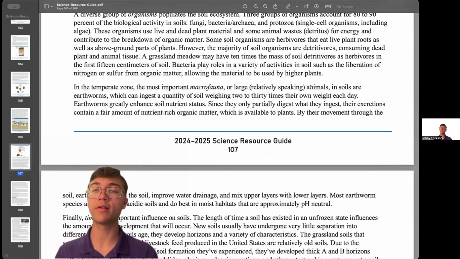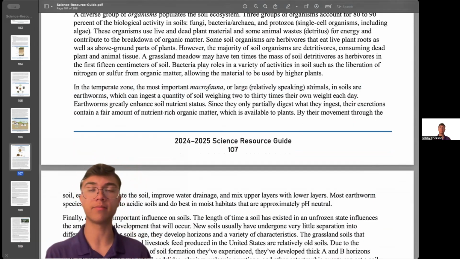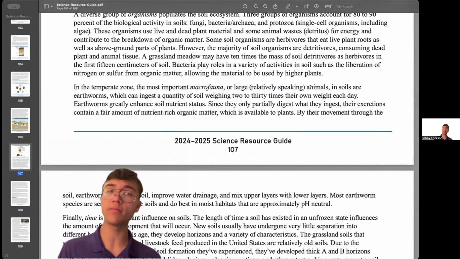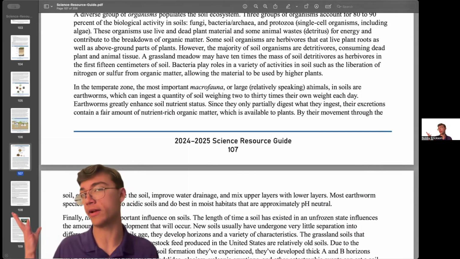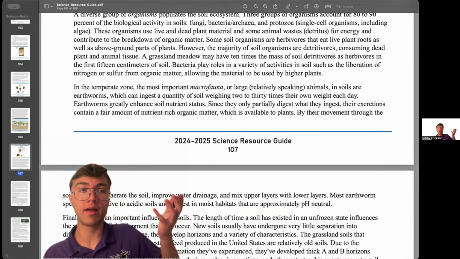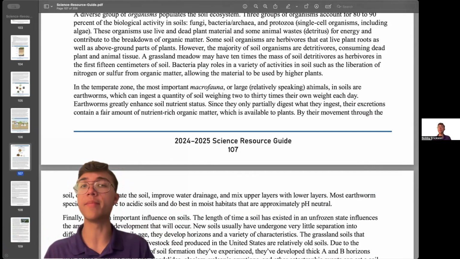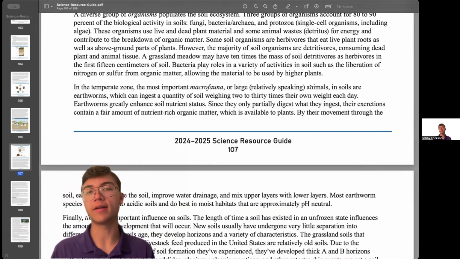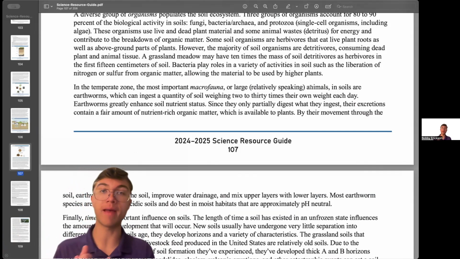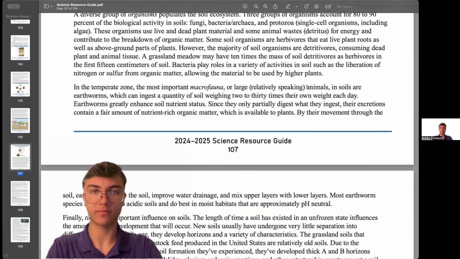So macrofauna are large relative to other organisms inside of the soil. Earthworms are pretty big. If you think about a bacteria versus an earthworm, an earthworm is going to be much, much bigger, and that's why it's called macrofauna. Fauna meaning animal, and macro meaning big.